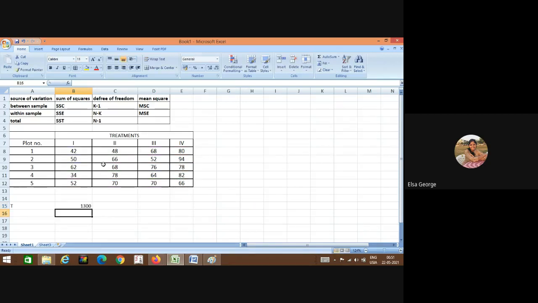I got the total of all these values, that is 1300.